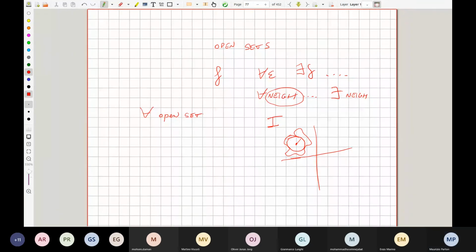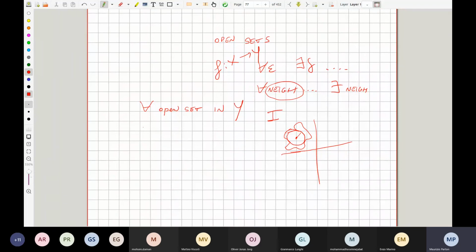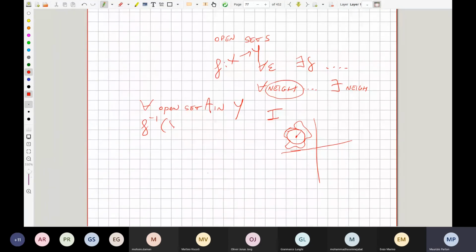in the arrival space, a function f from X to Y is continuous if for every open set A in Y, f minus 1 of A is open in X. This is the general notion of continuous function, which is exactly this in terms of epsilon and delta and circular neighborhoods.